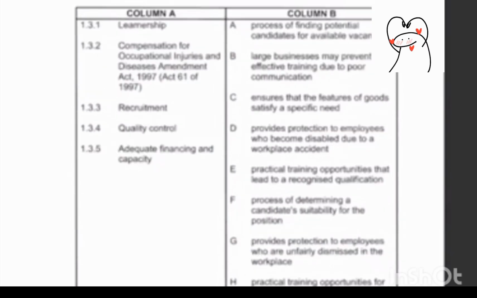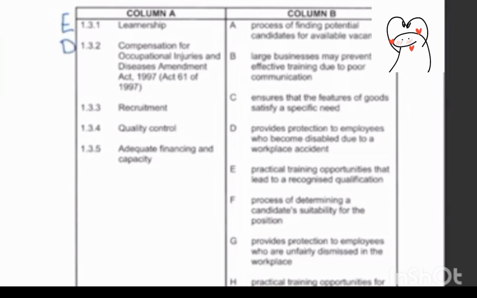Here we say it's a practical training opportunity that leads to a recognized qualification. So it means our appropriate answer in this regard is going to be E.